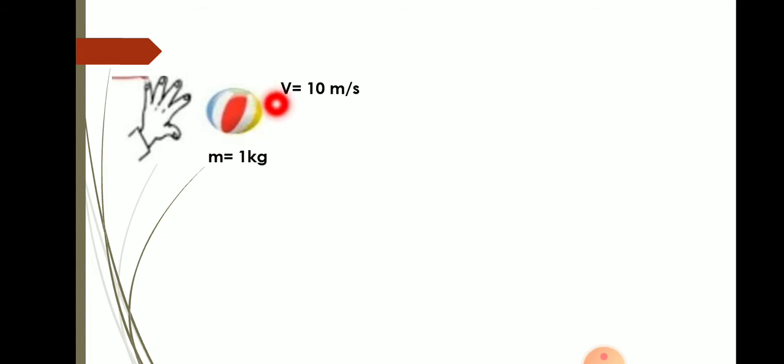Now let us suppose a ball which has a mass of 1 kg, and when a force is applied on this ball, it will have a velocity of 10 meter per second. It is moving with a velocity of 10 meter per second. So what happens to its momentum? As we know, momentum p is equal to m into v.